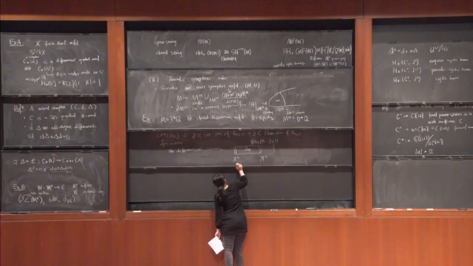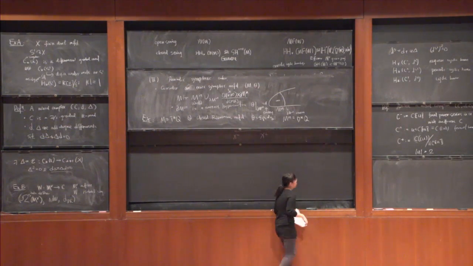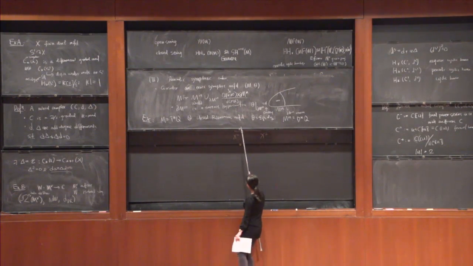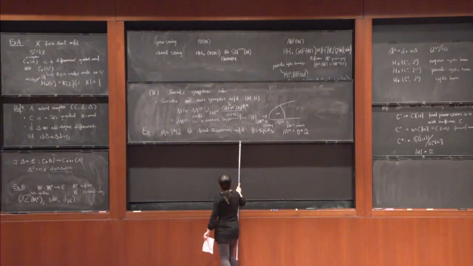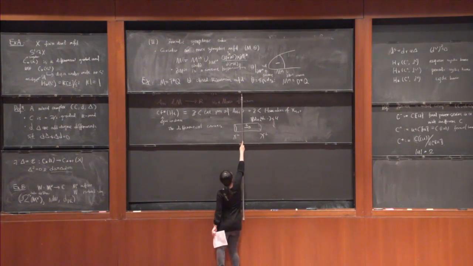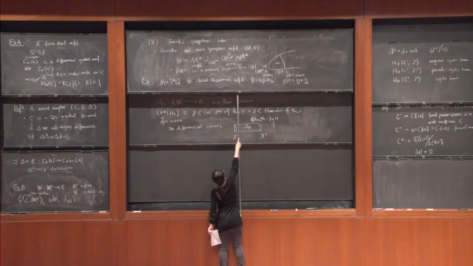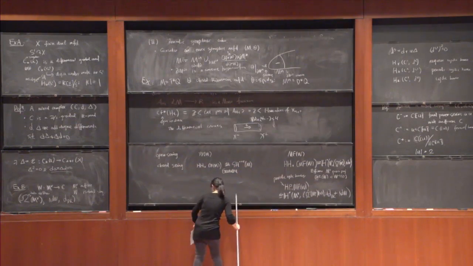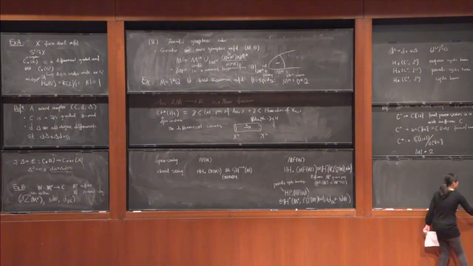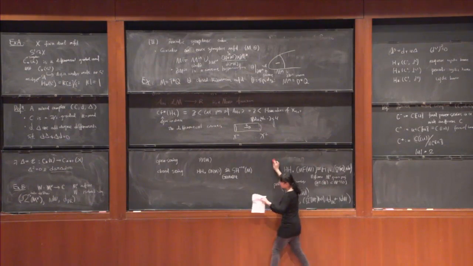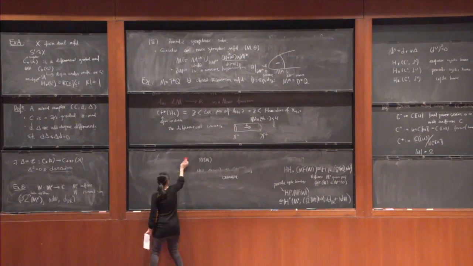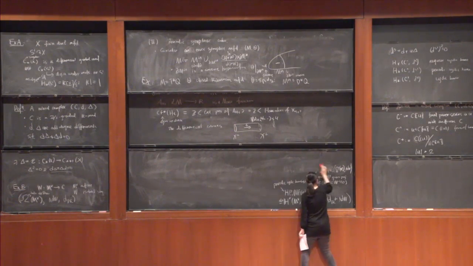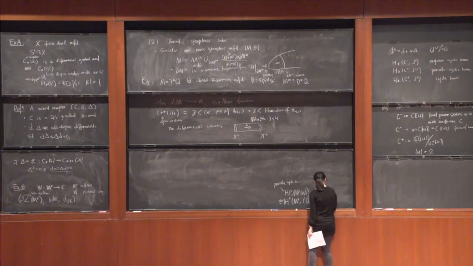And the important thing I want to say is that you can define the BV operator. I want to define the other operation for you, but it's sort of obvious that on the loop space you will have a circle rotation.